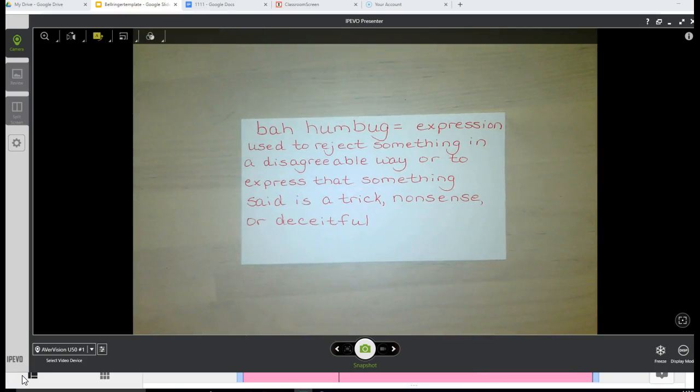Apparently it's an expression used to reject something in a disagreeable way, like, that's wrong, or you're wrong, or bah humbug. Or it's used to express that something said to you is a trick, or it's nonsense, or it's deceitful. So quite possibly Scrooge could have been saying, you know what, Christmas is deceitful.